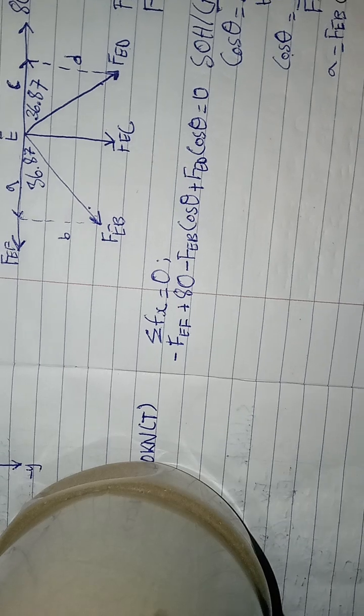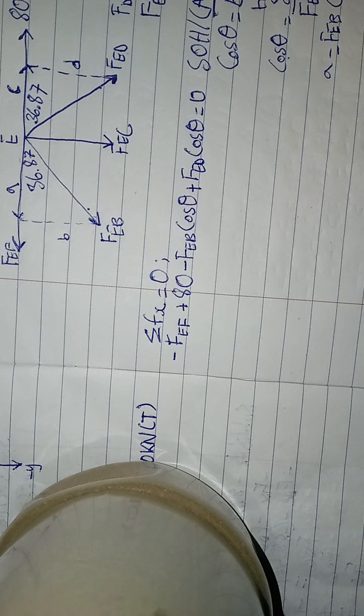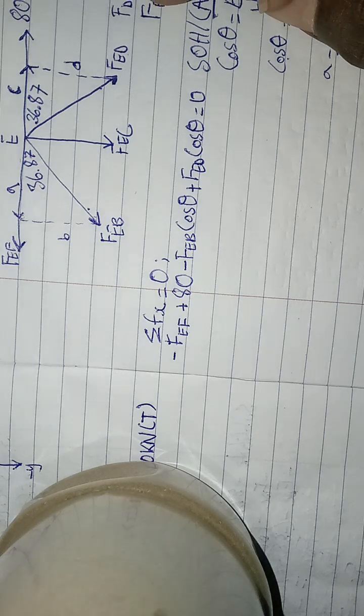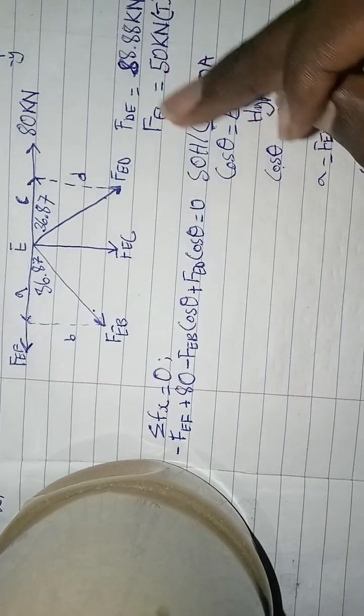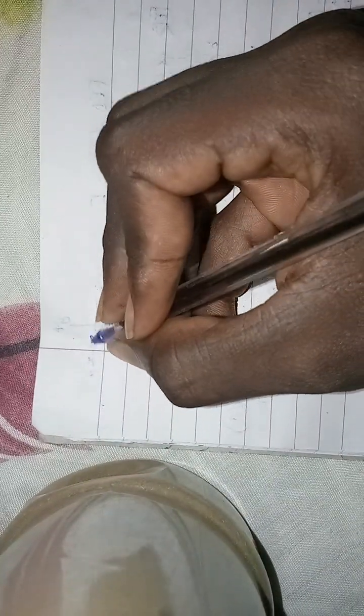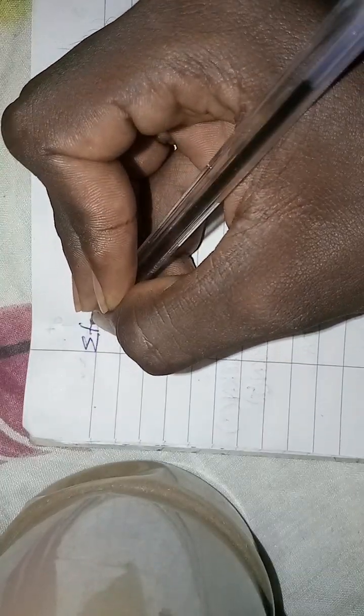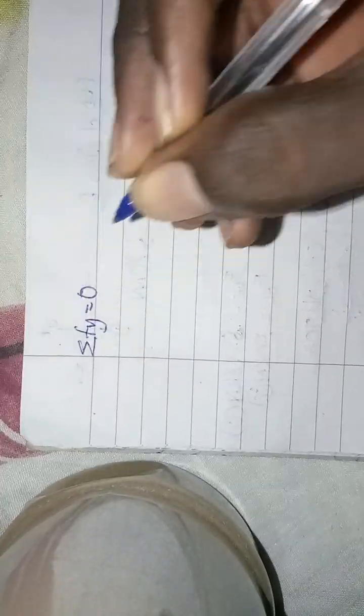From here we know only force DE, so we can resolve it. So let's take the sum of forces along the vertical axis, sigma Fy equal to 0.